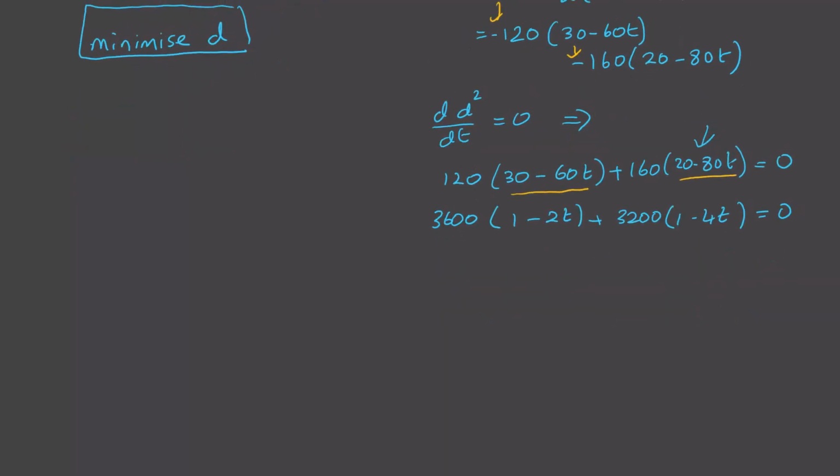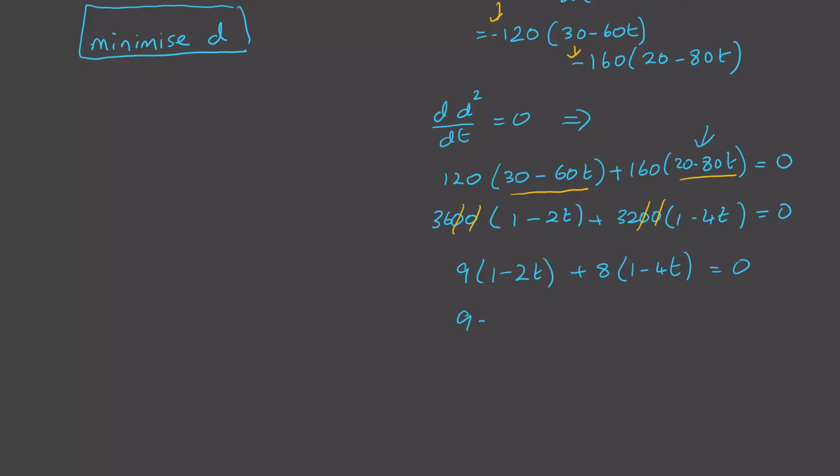Okay, well, we can divide through here by 100. And then we could divide through by 4, giving us 9(1 minus 2t) plus 8(1 minus 4t) is equal to 0.